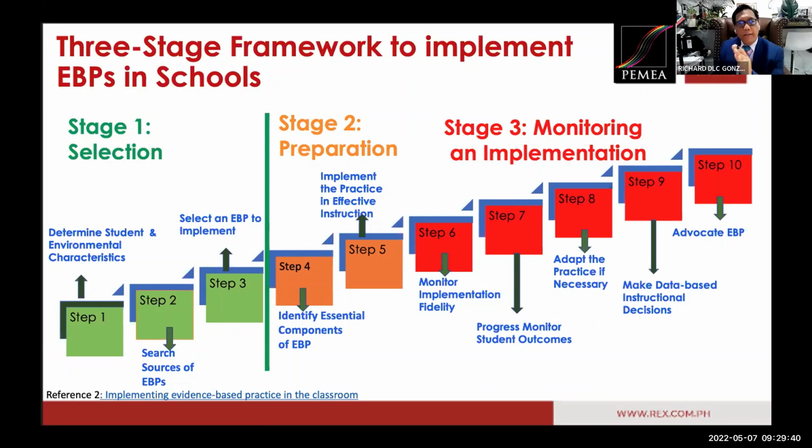Steps 4 and 5 were combined as stage 2, and this is the preparation stage of EBP. And steps 6 to 10 were lumped together as stage 3, and this is the implementation stage.